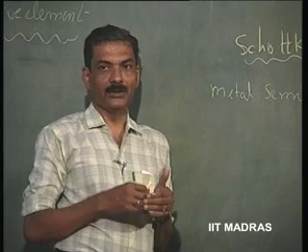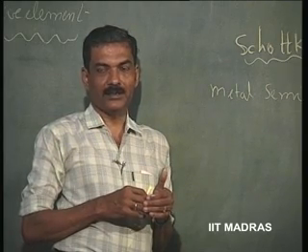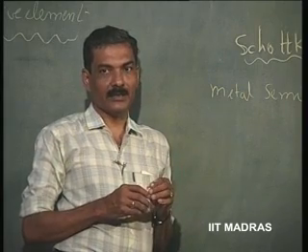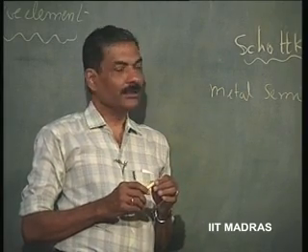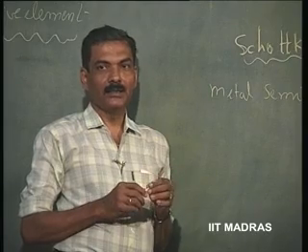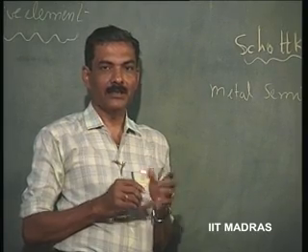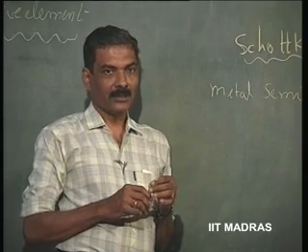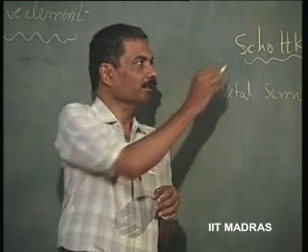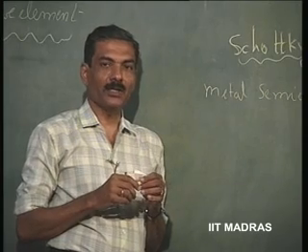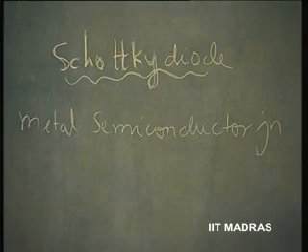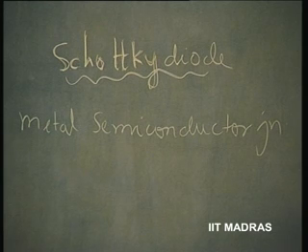So, it is closer to the ideal diode in its forward characteristics than these other semiconductor diodes, and also it has a delay time of the order of nanoseconds. So, it is a high speed diode. These diodes are used for high speed switching applications, and also, as we will see later, in preventing a transistor from going into deep saturation.